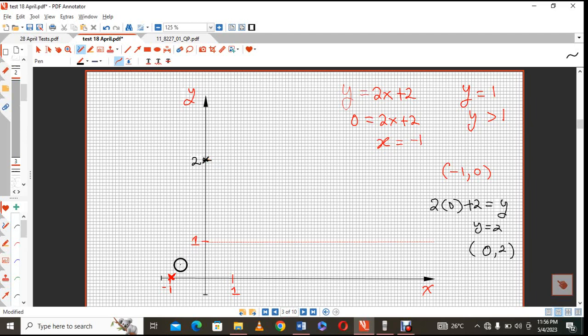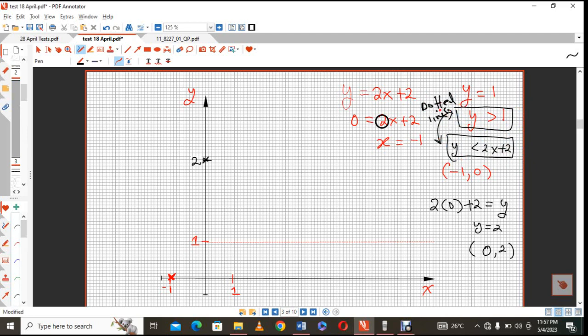Okay, so this will now imply that I am bringing in another line, and again the inequality for this one, if you remember from our answer, was y is less than 2x plus 2, which means it's also going to be a broken line. So all of these two have to be dotted lines.